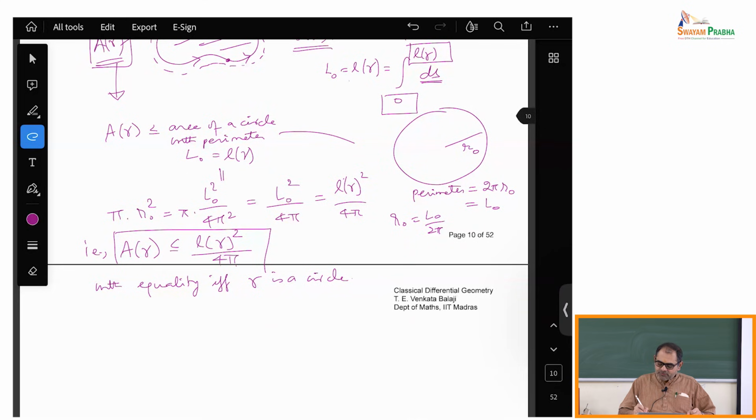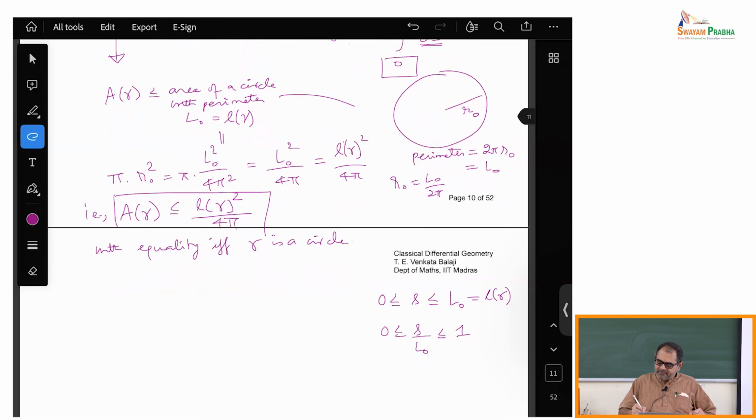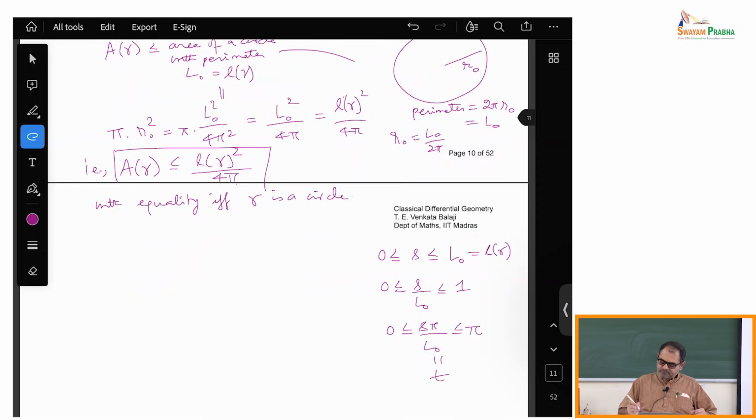Your arc length goes from 0 to L naught, which is of course L of gamma. You want to scale it to 0 to pi, so you divide by L naught, so this becomes 0 to 1, and then multiply by pi, so you get 0 less than or equal to s pi by L naught less than or equal to pi. You call this variable t, your new variable.